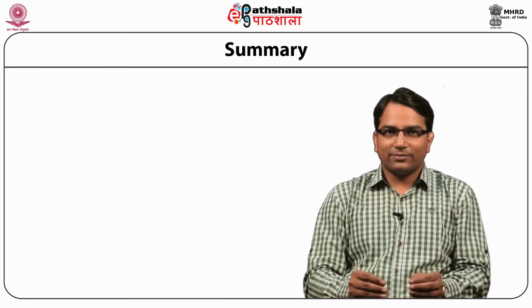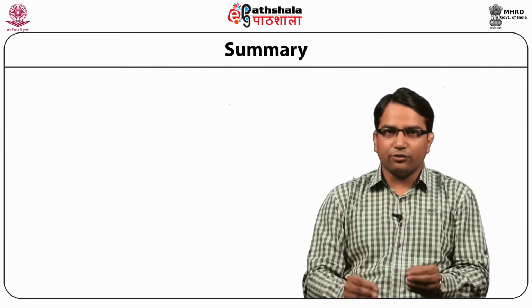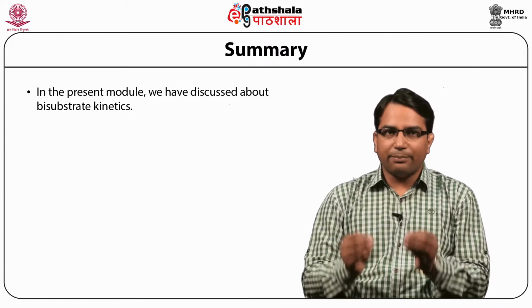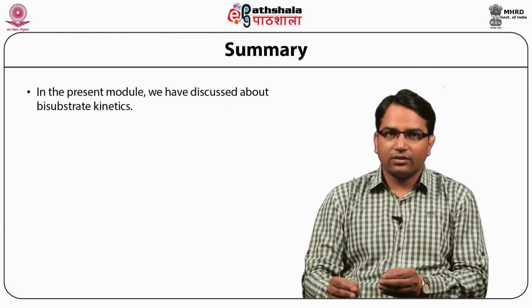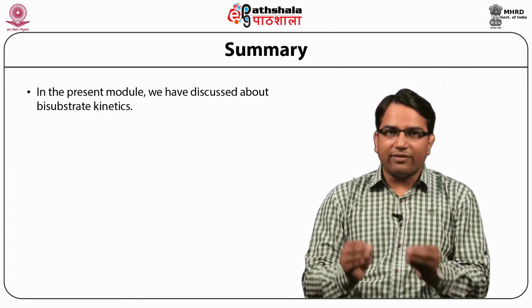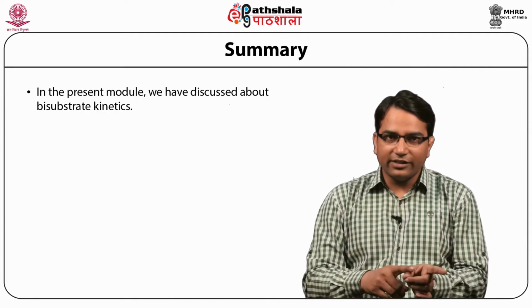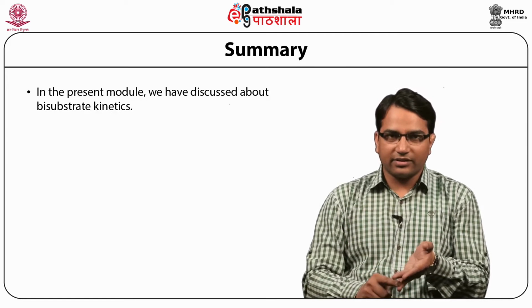So, students, let's summarize what we have discussed in this module. In the present module, we have discussed bi-substrate reaction kinetics. Based on the type of reaction, bi-substrate reaction is divided into random bi-substrate reaction and ordered bi-substrate reaction.